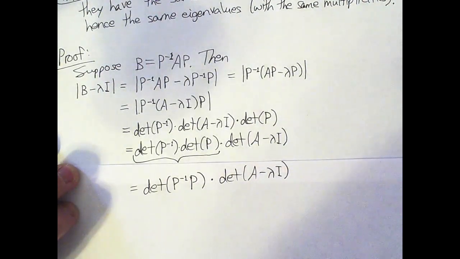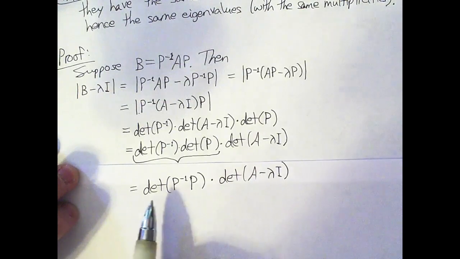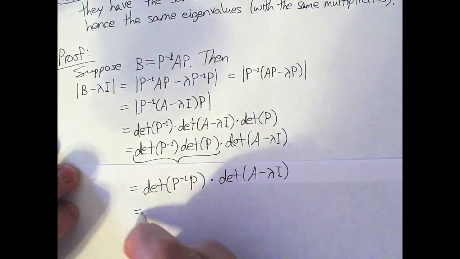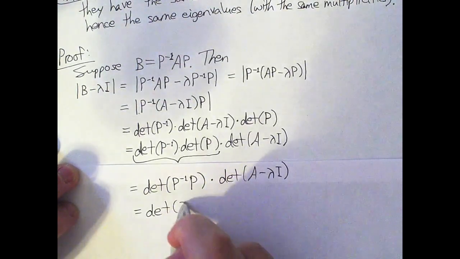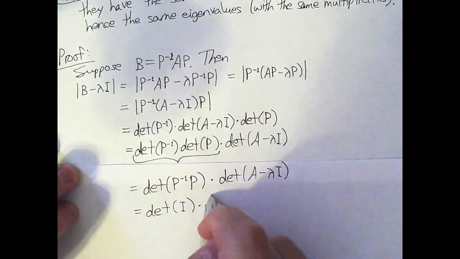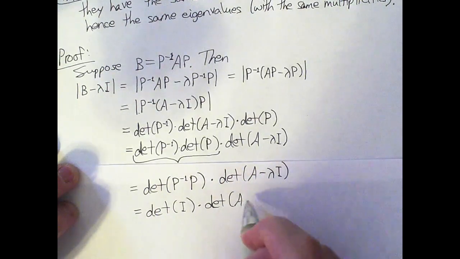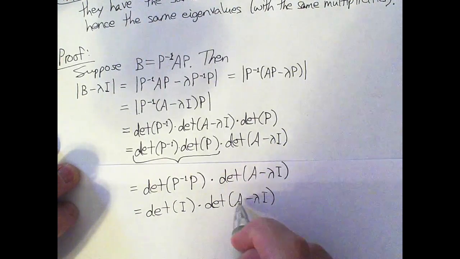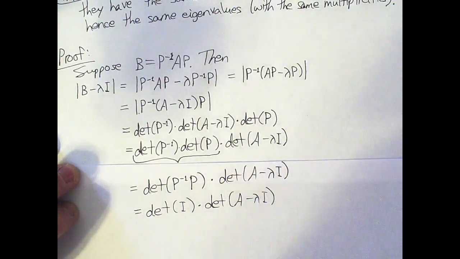So you see, this is pretty clever because now this piece here is the determinant of I times the determinant of this stuff. Well, the determinant of I is just 1 because when you have a triangular matrix, the determinant is the product of the diagonal entries, and the diagonal entries are all 1s.